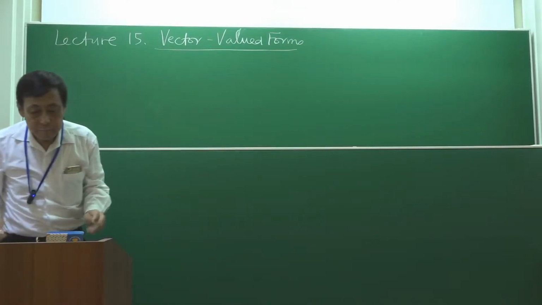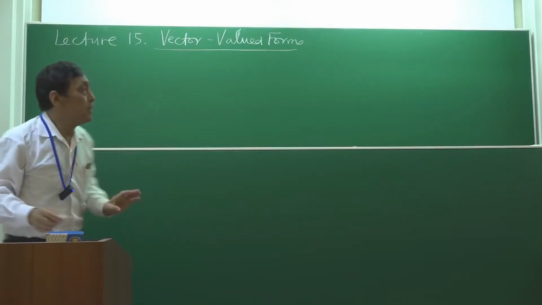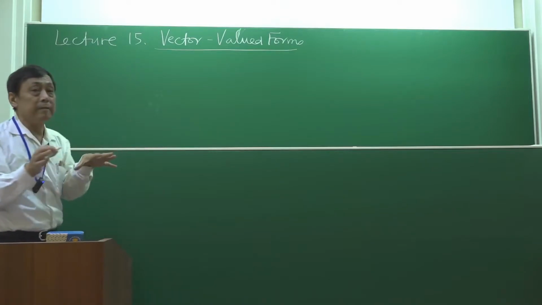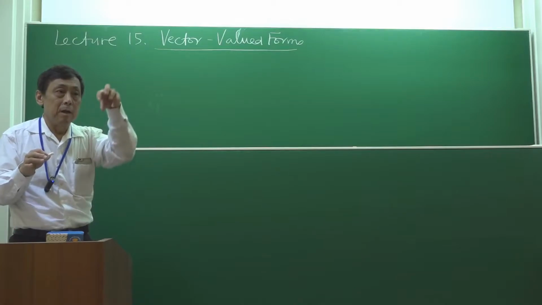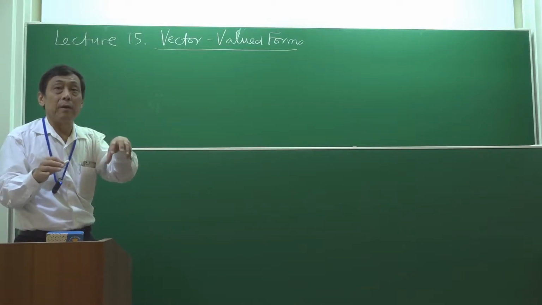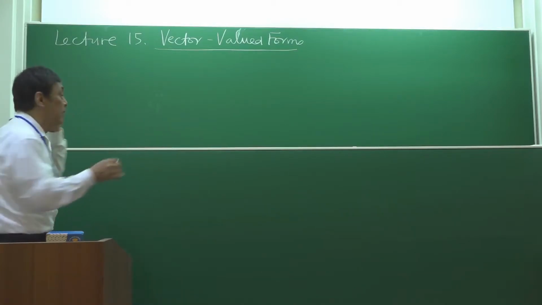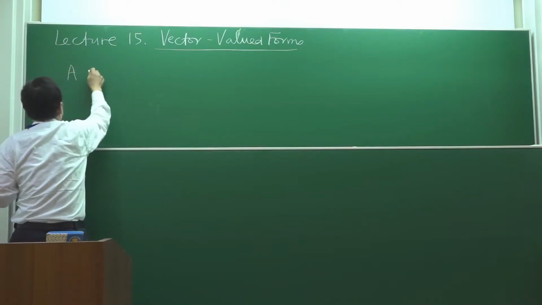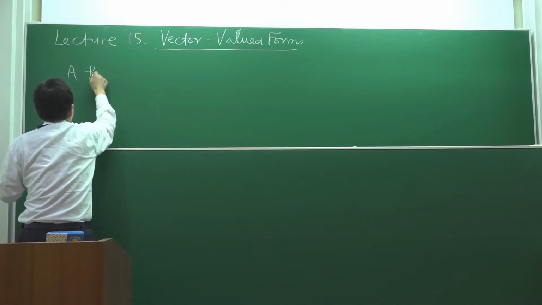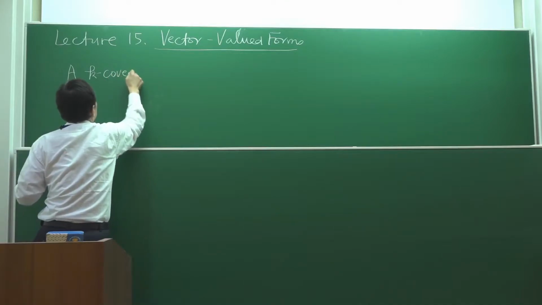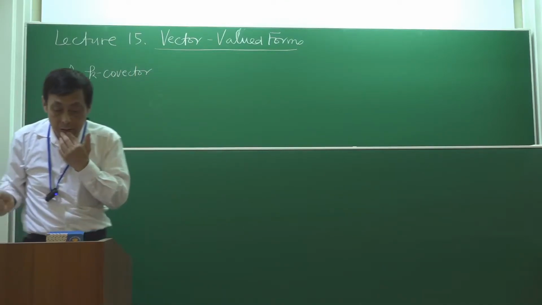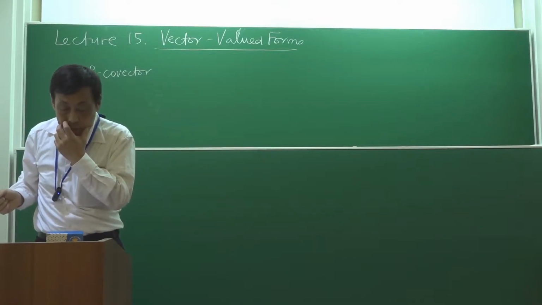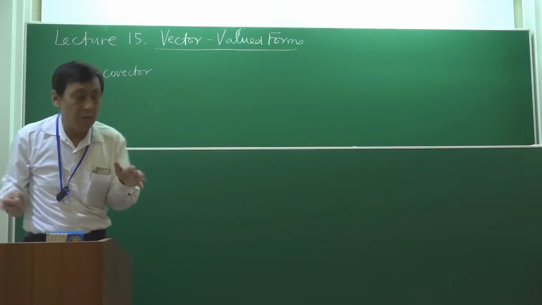Now, a differential form is the assignment of a k covector at each point. But let's generalize a k covector to vector valued k covectors.